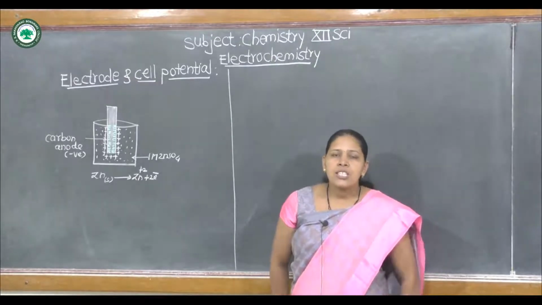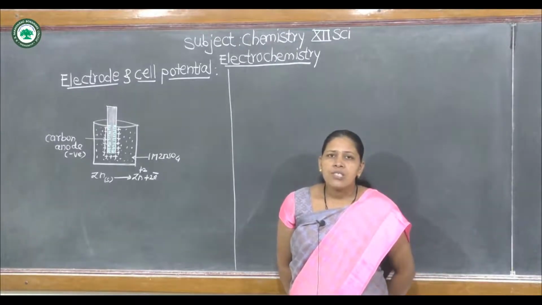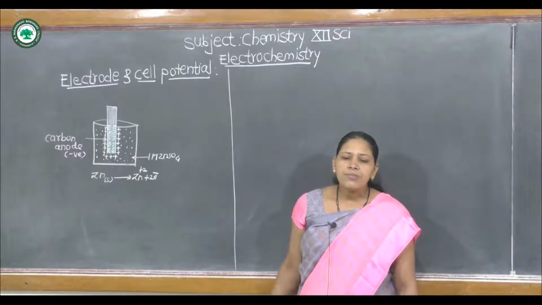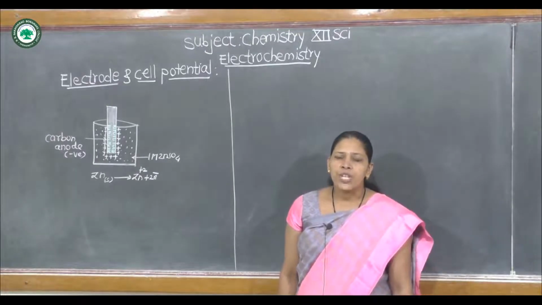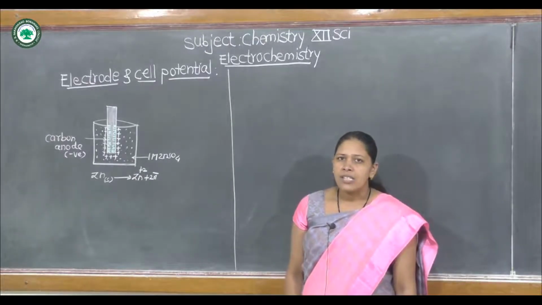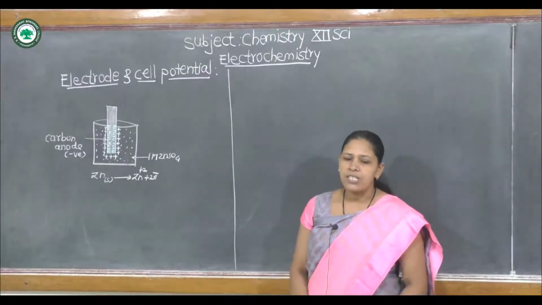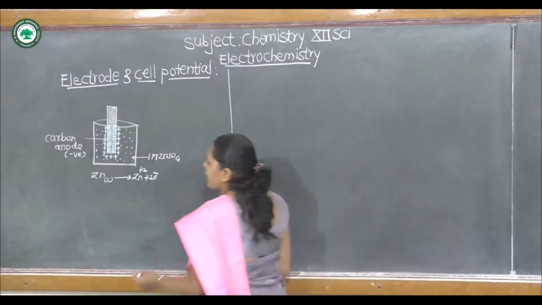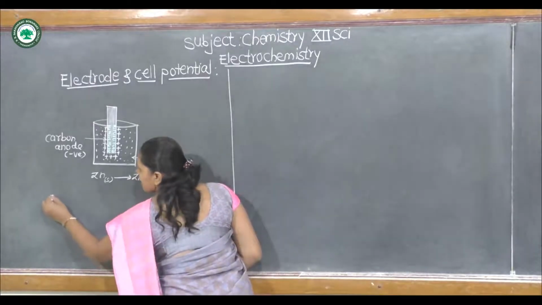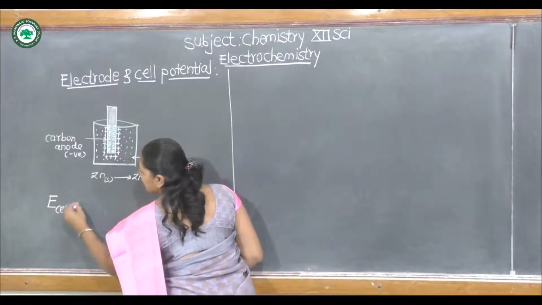Cell potential is the algebraic sum of the electrode potentials at anode and cathode respectively. Therefore, cell potential is denoted by E cell.